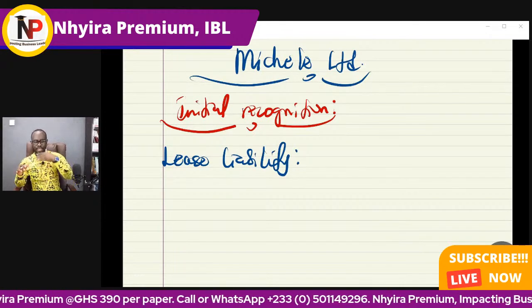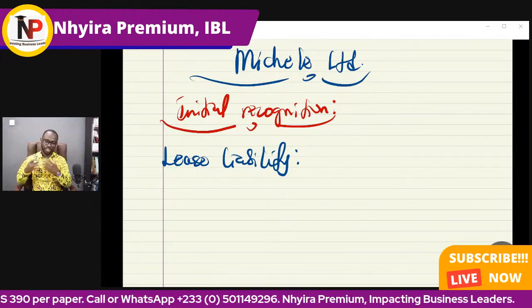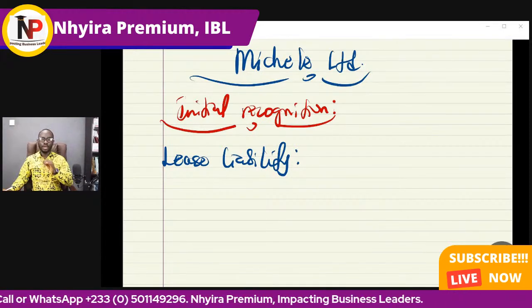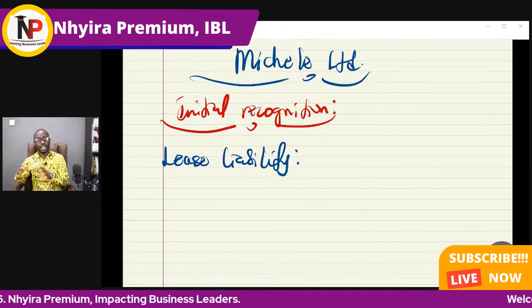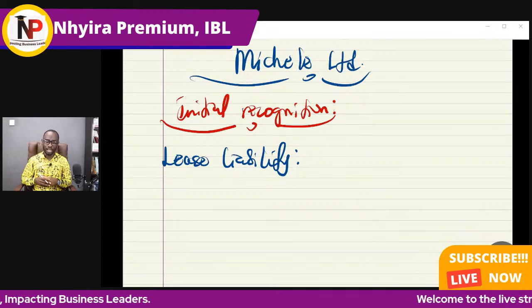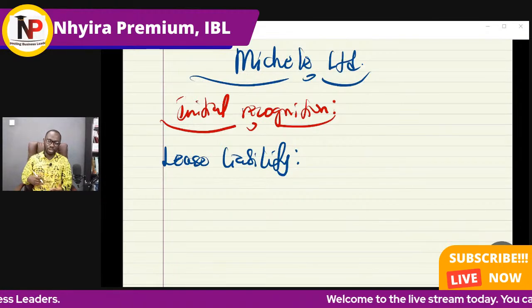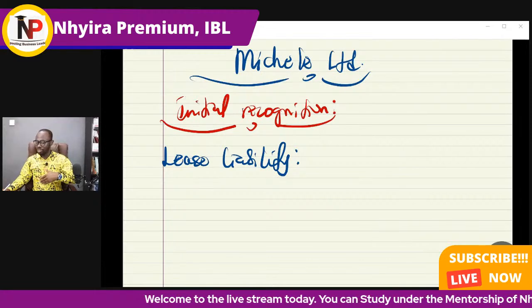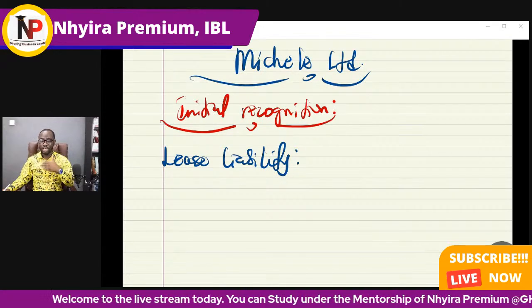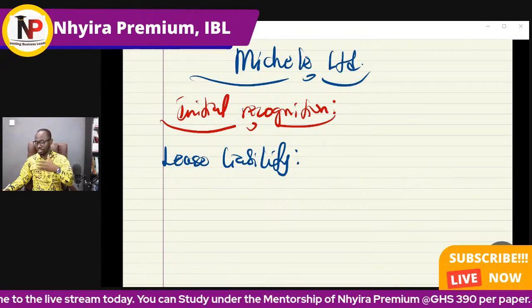Unlike in the question we solved yesterday, where the payments are made in advance, hence we were looking at 9 years to calculate the annuity factor, in this question, because the payments are made in arrears, the lease outstanding is still going to be 10 years.